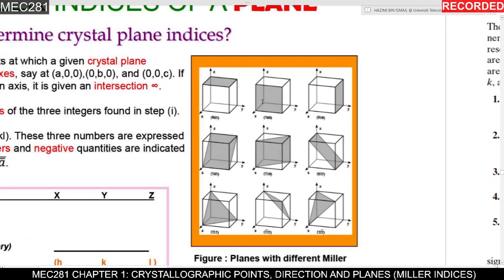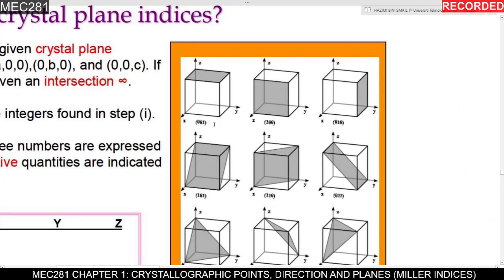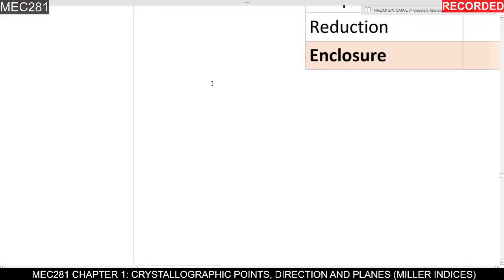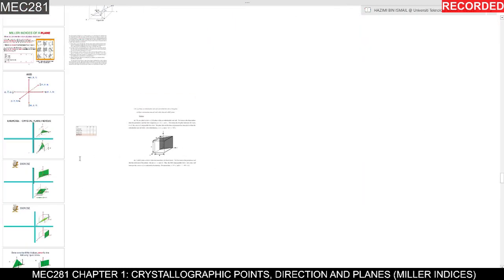So let's look at some of the planes. Okay, so this one is 0, 0, 1. Why is the x-axis infinite? Because on the x-axis it never intercepts. It is parallel, so it is infinite.